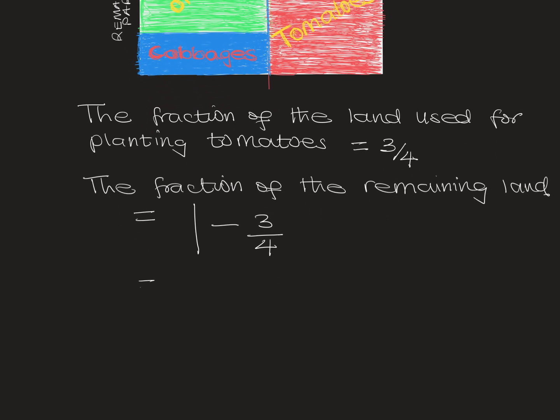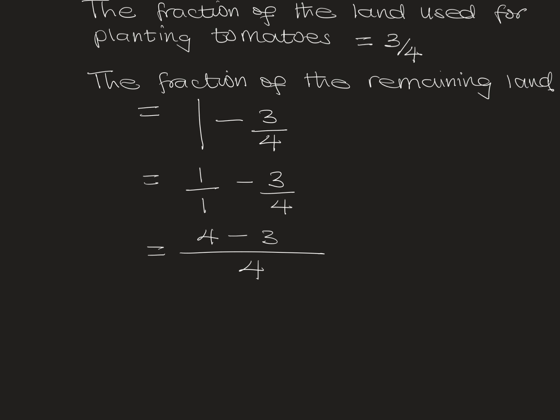So we can say 1 over 1 minus 3 over 4. If I find the LCM, it will be 4. So 1 times 4 is 4, minus 4 divided by 4 is 1, 1 times 3 is 3. So we'll have 4 minus 3 is 1, so the answer will be 1 over 4.